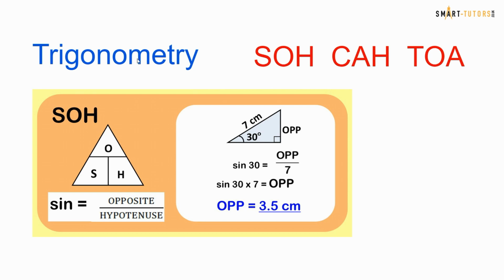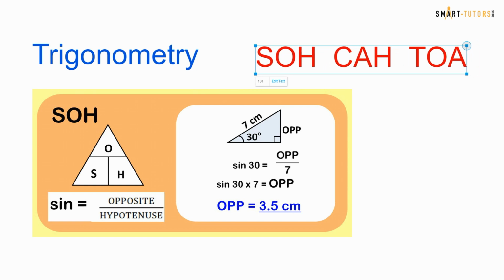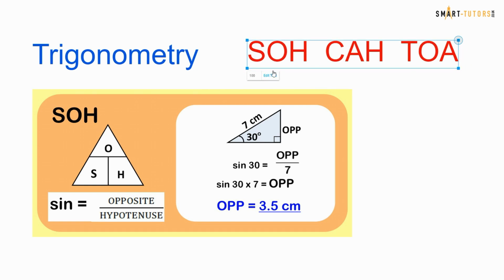We have three ratios. One is for sine, another one is for cosine, and the other one is for tan. The easy way to remember is SOH CAH TOA. SOH means sine equals opposite side over hypotenuse side.